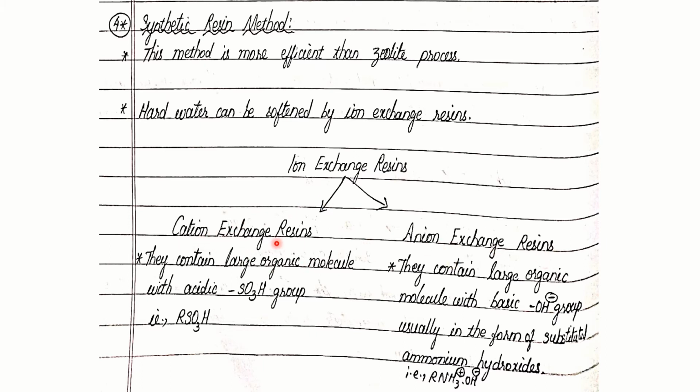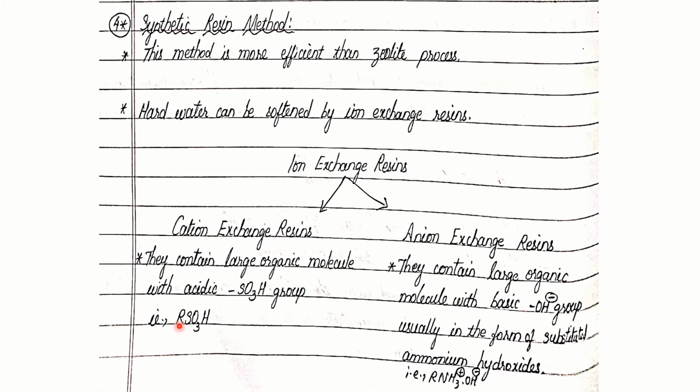As their name suggests, cation exchange resins exchange their cations with the cations present in hard water. Anion exchange resins exchange their anions with the anions present in hard water. Cation exchange resins contain large organic molecules with acidic sulfonic acid groups. SO3H means sulfonic acid group, and this is represented by RSO3H.